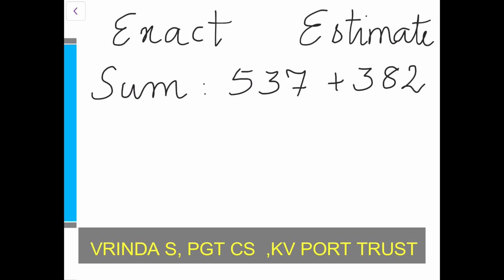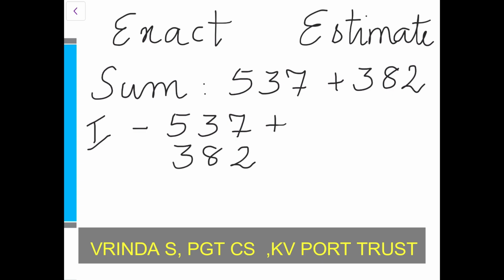This is the question given to us. Let's first do the exact calculation. So, we will write 537 plus 382. 7 plus 2 is 9, 3 plus 8 is 11 and 1 is carried forward. So, 1 plus 5 is 6, 6 plus 3 is 9. So, this is our exact answer.